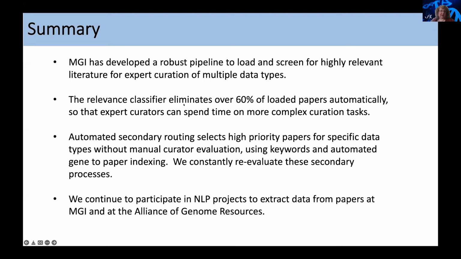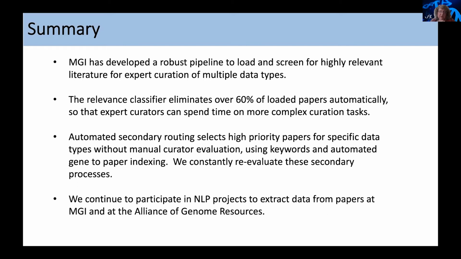The relevance classifier initially has been eliminating over 60% of those loaded papers automatically so that expert curators can spend more time on complex curation tasks. The automatic secondary routing has been in place for almost a year now and selects high priority papers for specific data types without manual curator evaluation, using keywords and automatic gene to paper indexing.